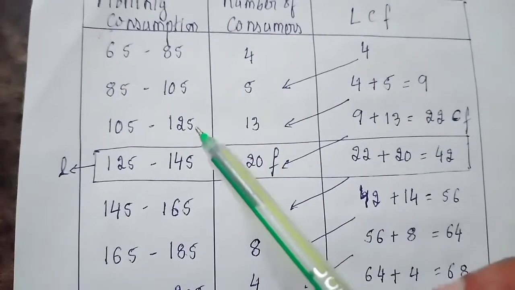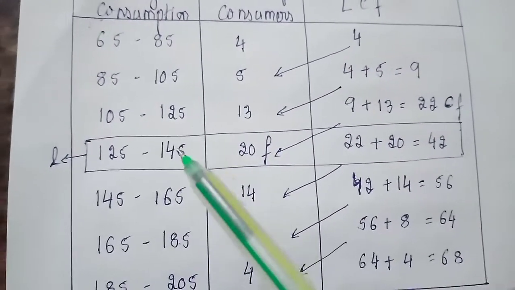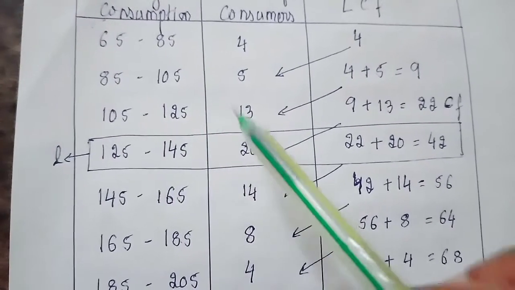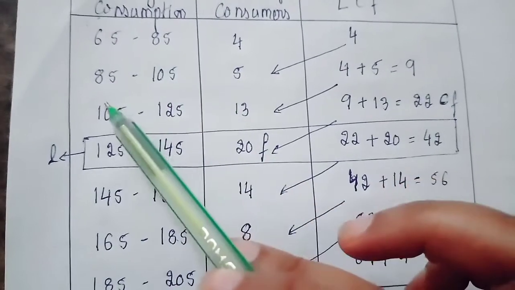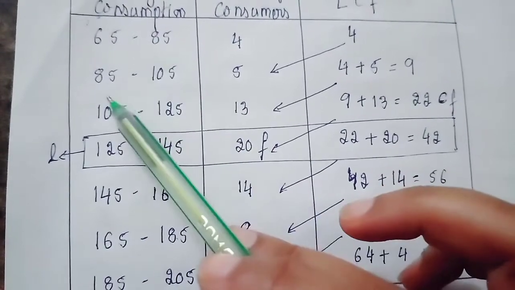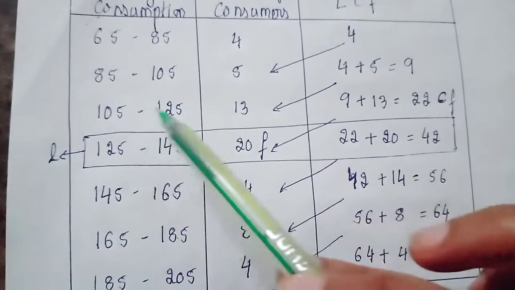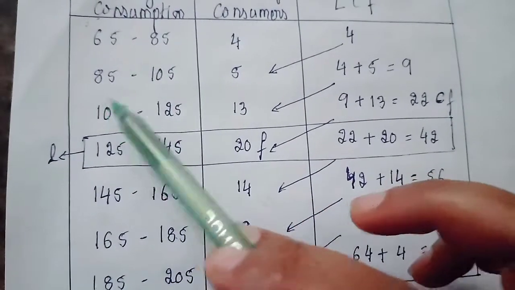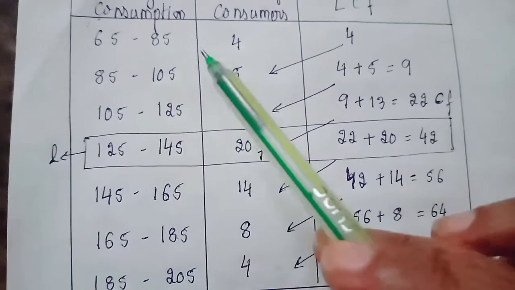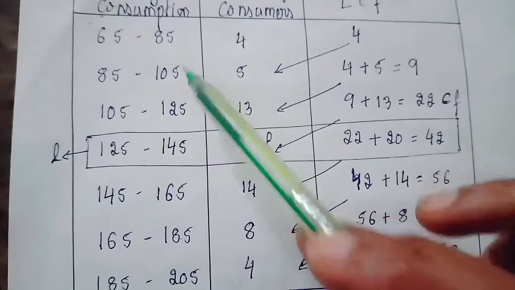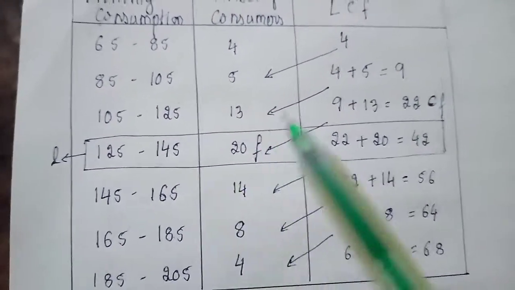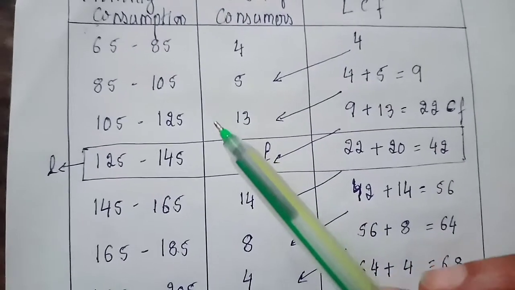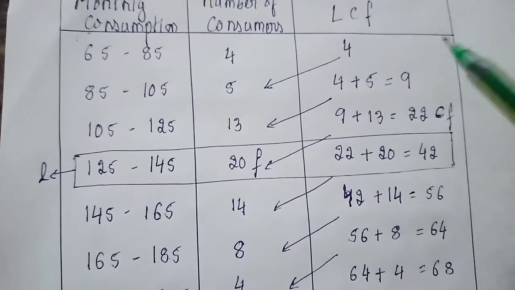If you don't convert them into exclusive, your answer may differ by 0.5, because when it is not exclusive there will be a gap. Here the upper limit and lower limit of consecutive class intervals are repeating, so this is called exclusive. If it is not exclusive, you have to convert it.